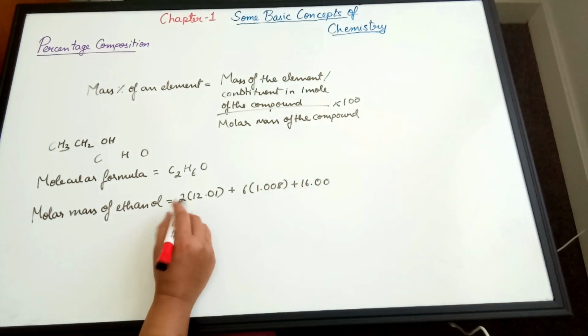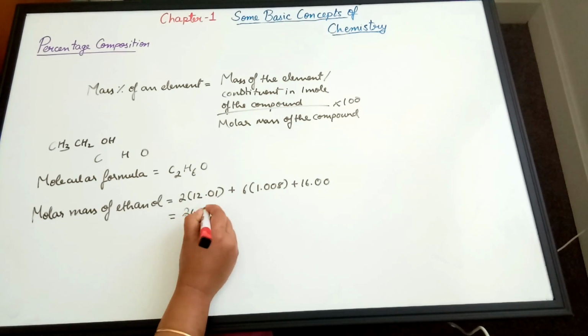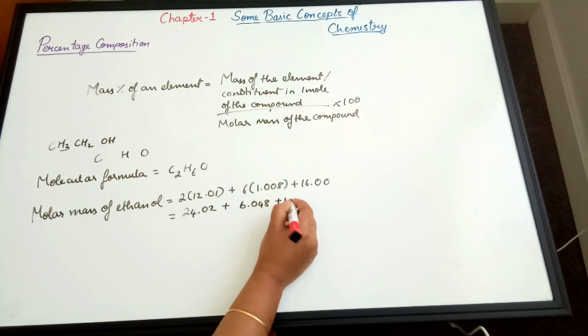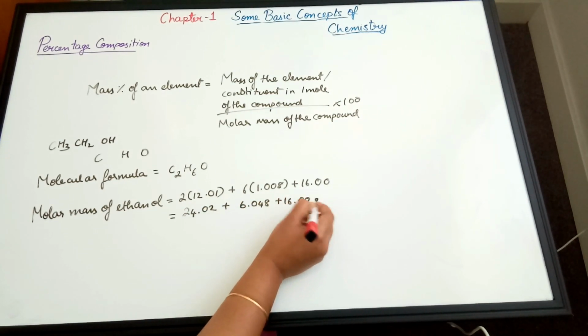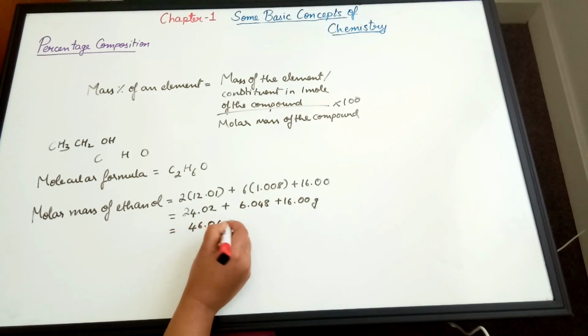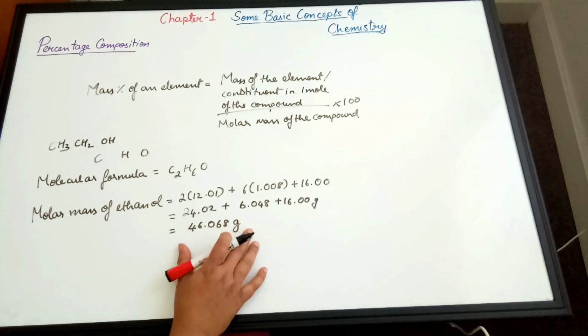And now after simplifying all of this, first we multiply: 24.02 plus 6.048 plus 16.00 grams, and this gives us 46.068 grams. Now only after you finish the last step should you actually consider the number of significant figures.